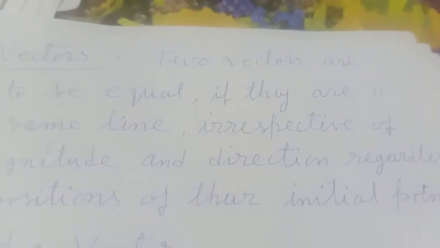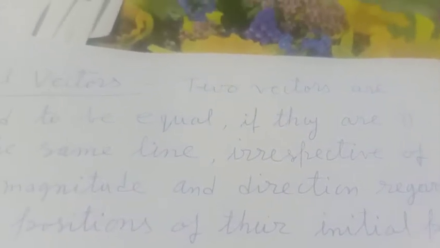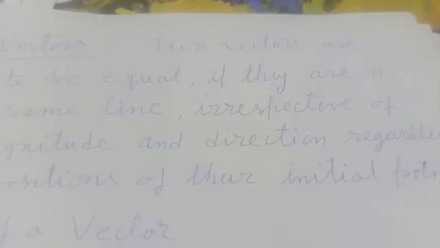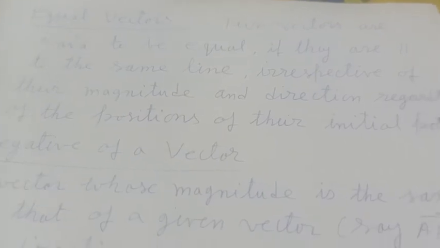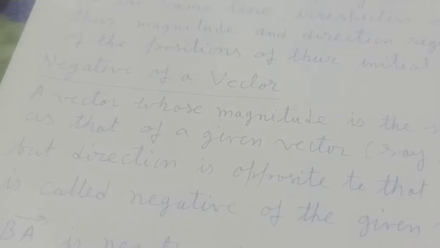Then we have equal vectors. Two vectors are said to be equal if they have the same magnitude and direction, regardless of the position of their initial points, okay. Then we have the negative of a vector.